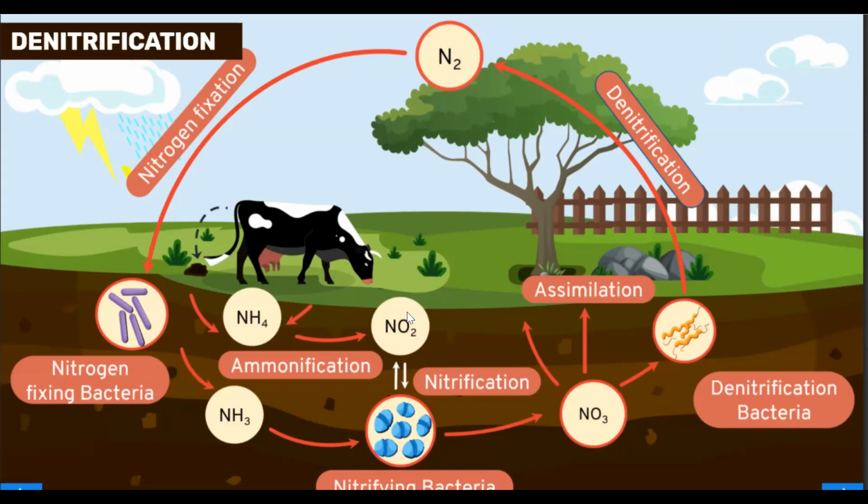Completed. Okay, great. So first, we'll make a note of this. There are 5 processes in the nitrogen cycle. The first one is nitrogen fixation.